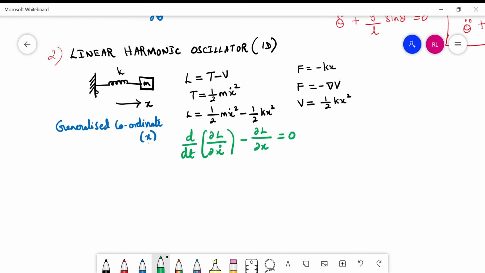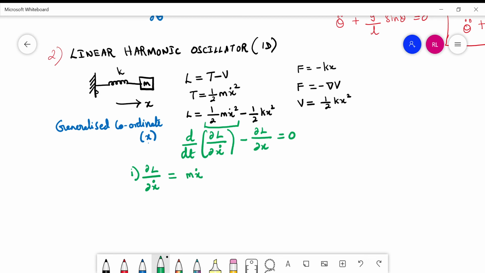So we have to find dou L by dou x dot. Once you differentiate this term, because this term only consists of x dot here, we will be getting m x dot.